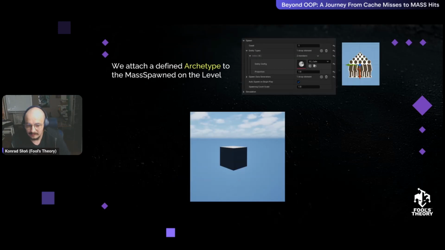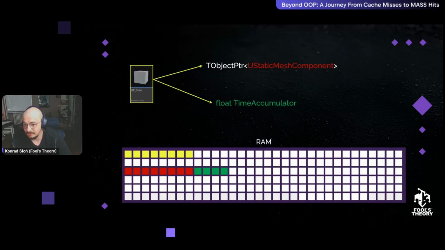And that's how it looks in the editor. You have a special object that you can place on the scene. You are attaching that entity config, and this is your archetype, and you have that on your level.